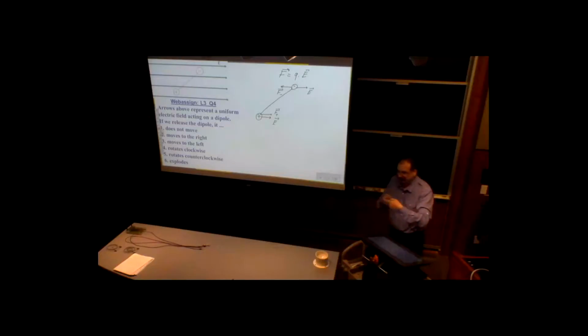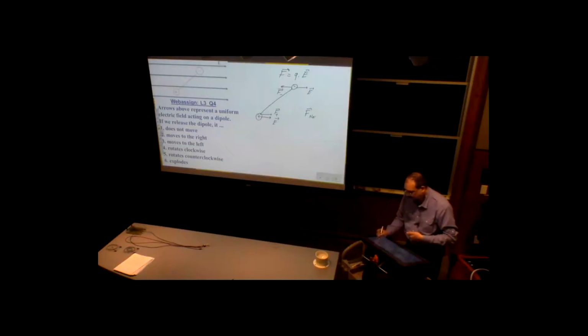First of all, the net force is equal to 0. Two forces, same magnitude, opposite direction. Net force is 0, which means it can't start moving away in any direction. So if net force is 0, the next thing to think about is net torque.